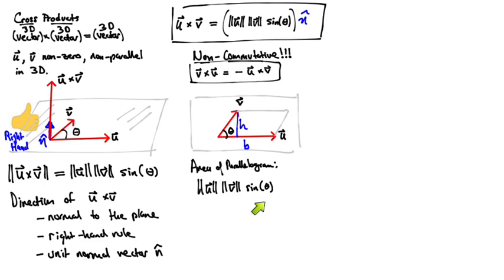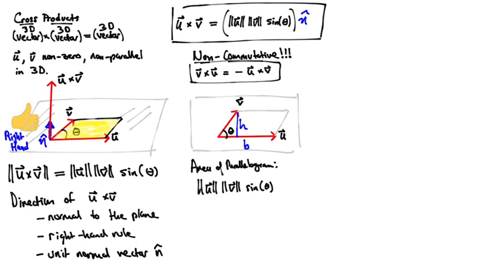So the area of the parallelogram is the length of u, length of v times sine of theta. In other words, the area of the parallelogram that they form is precisely the length of the cross product. This is a nice interpretation.